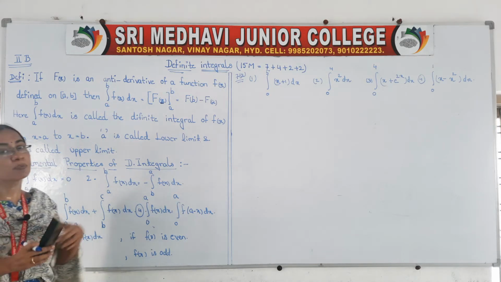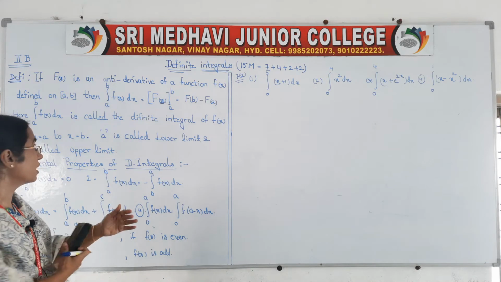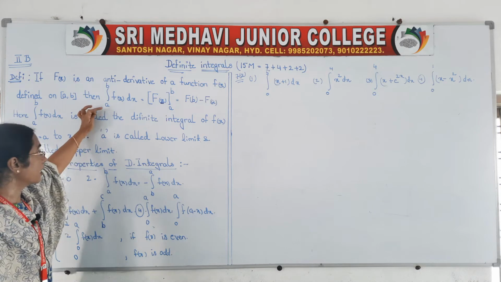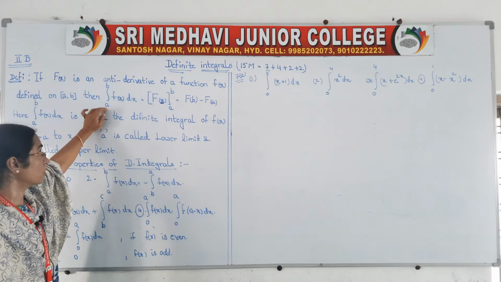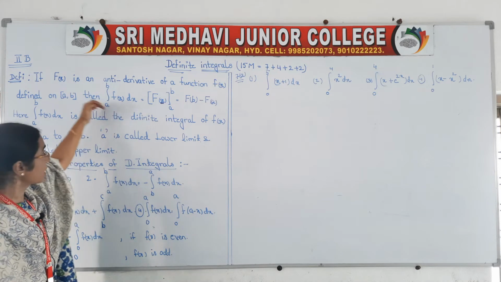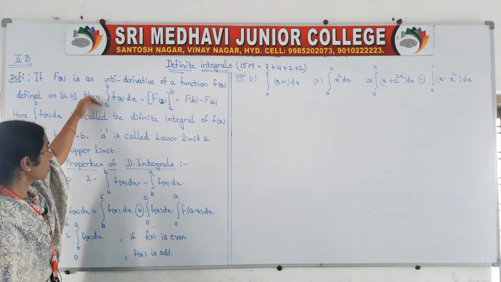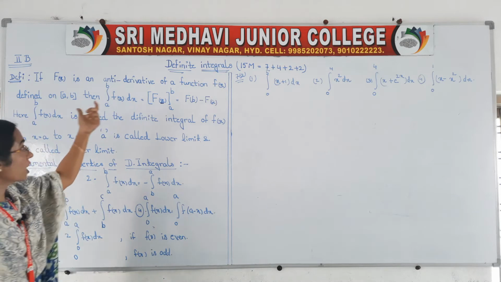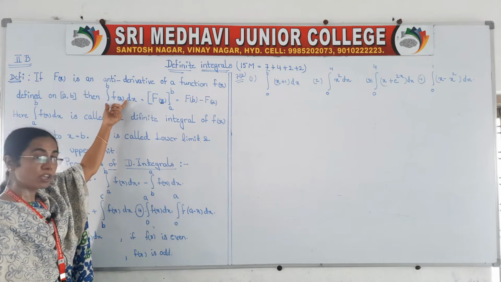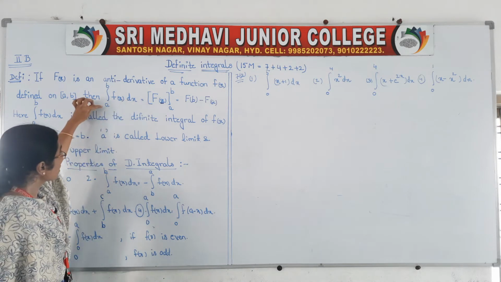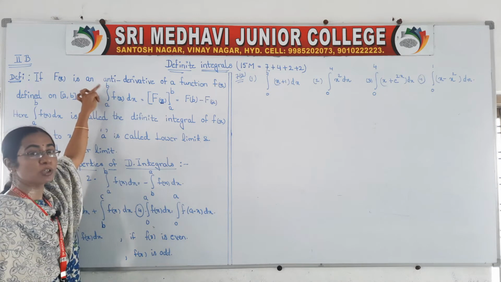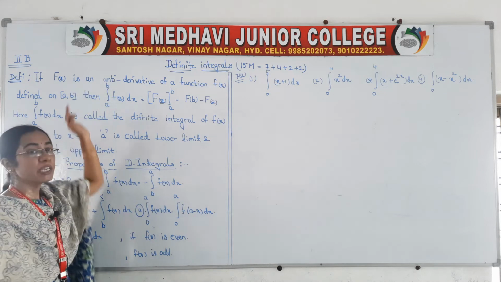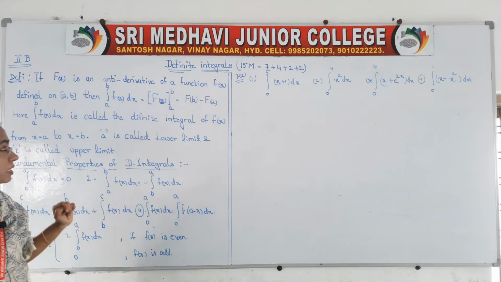What is the difference between an integral and a definite integral? Here we will have the bounds, right? So we have to find the integral of this function from x is equal to a to x is equal to b. That is the meaning. So this a is called the lower limit and b is called the upper limit, right?